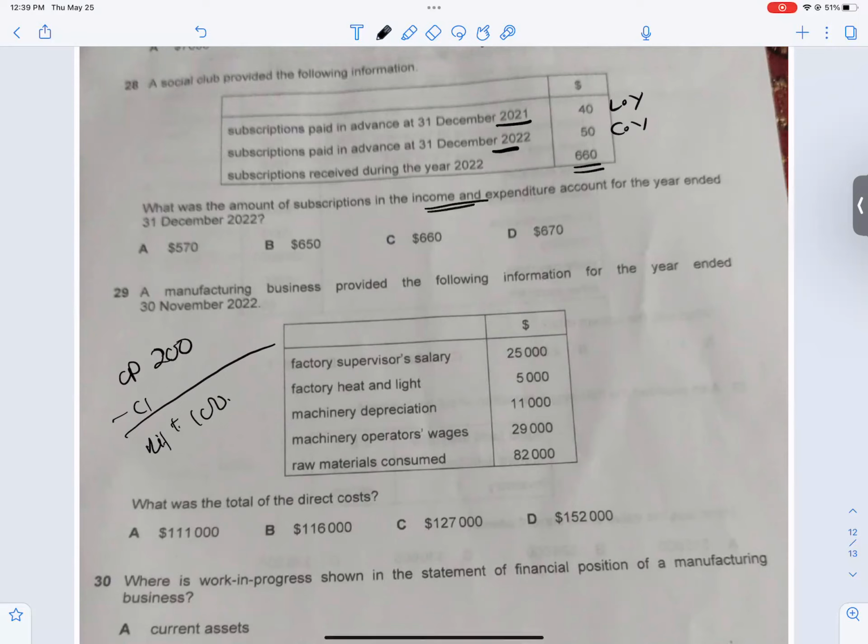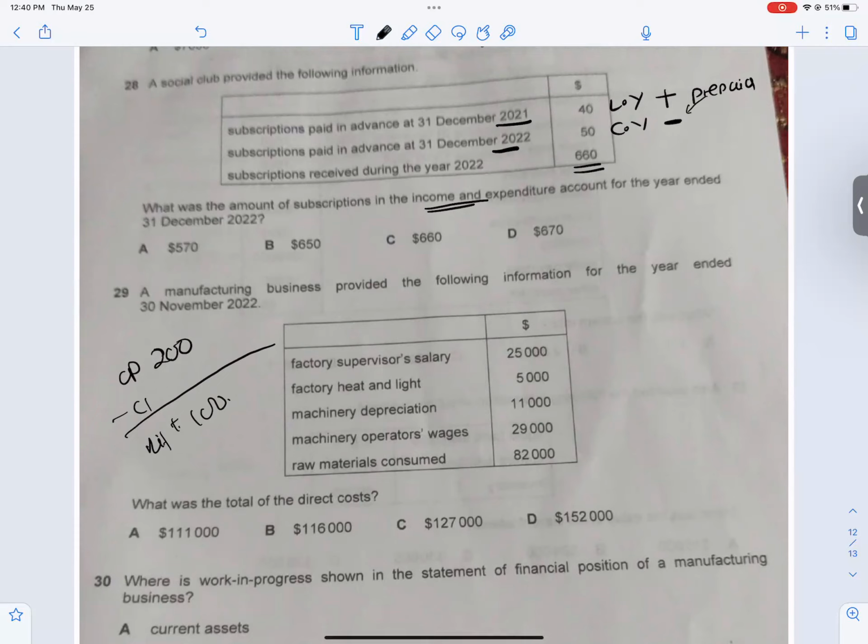Prepaid of the current year is subtracted. So prepaid of the last year will be added. Miss, can we just do it that way? I get confused in this. Just do this now: prepaid of the current year is subtracted and last year is added.